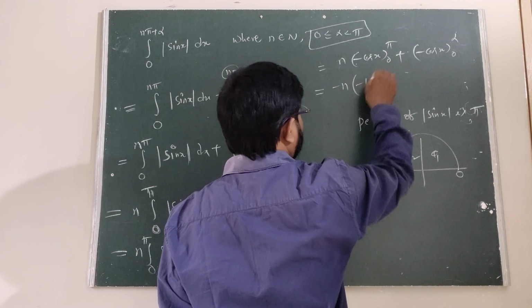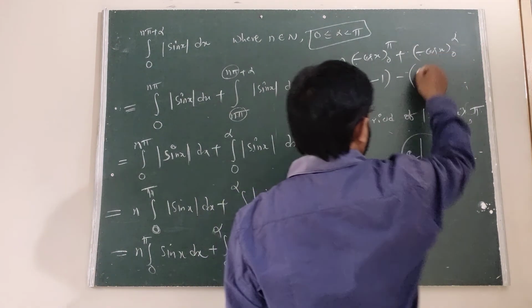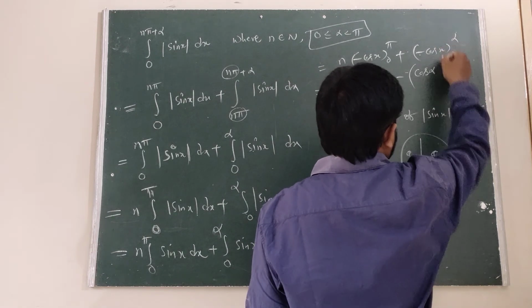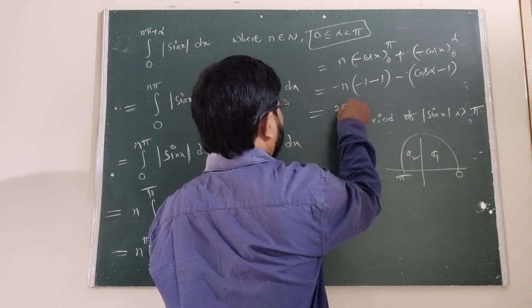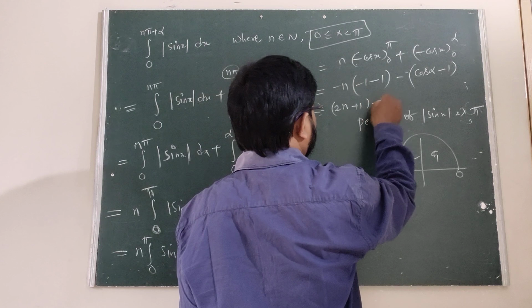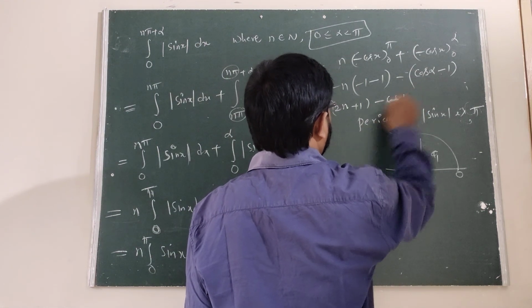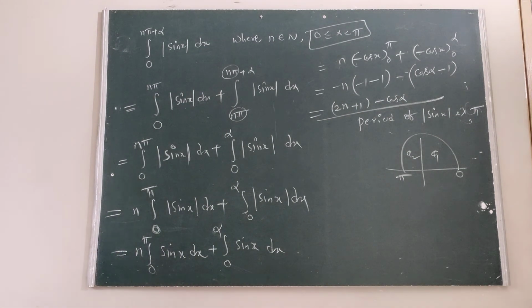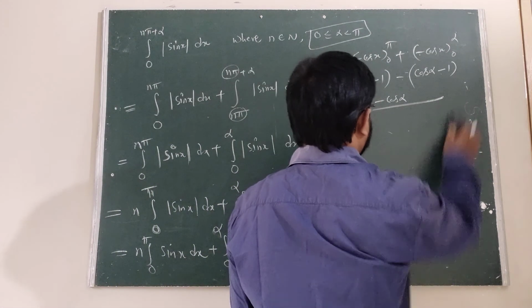Cos pi is minus 1, minus, this you can also write plus into minus minus. We can write cos alpha minus cos 0, which is 1. Now this is 2n, minus of minus, plus 1, 2n plus 1 minus of cos alpha. This is the answer. 2n plus 1 minus cos alpha. Is it clear? This is the answer.